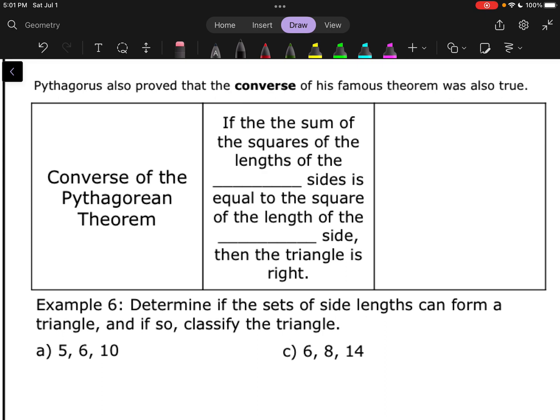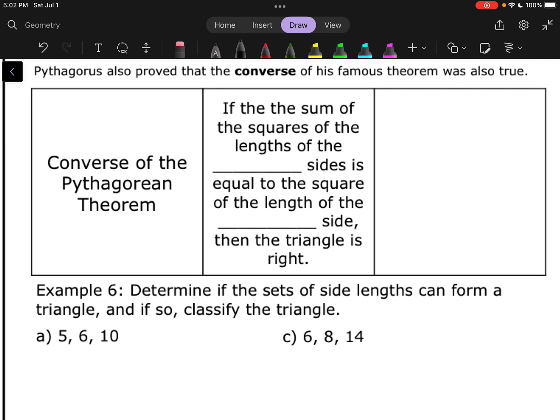The converse of the Pythagorean theorem says if the sum of the squares of the lengths of the legs, or we'll just say the smaller sides, is equal to the square of the length of the longest side, then the triangle is right. Okay?